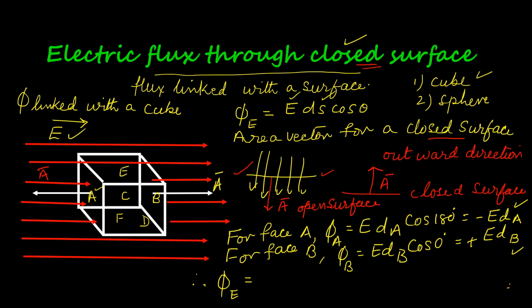So the total electric flux for a closed surface in an electric field is equal to the closed integral of E dot dS. This S stands for all the various faces of the cube, and here the total flux is equal to 0 because negative E dA and positive E dB get cancelled. I hope it is quite clear.